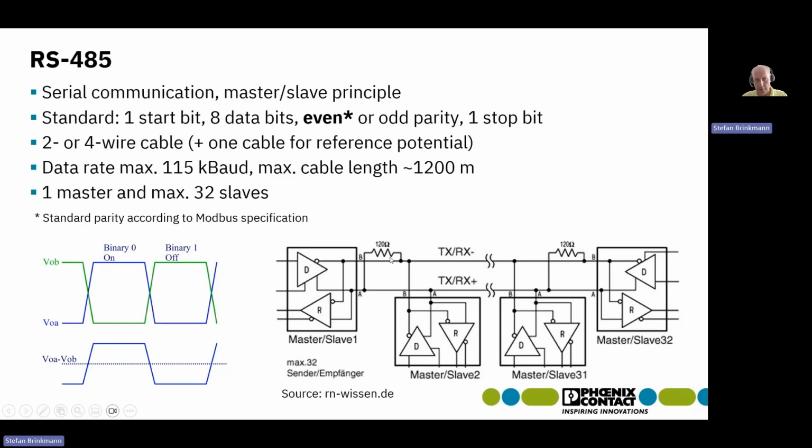It's very important that you have a resistor of 120 ohm at the beginning and at the end to prevent reflection on the cable. Especially when you have a very long cable, you need these resistors. RS485 uses 2 voltages, and with a difference of the polarity of the voltages, you have either a binary 0 or a binary 1, as you can see here.